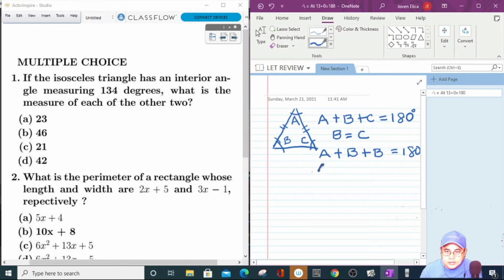Right? So we can rewrite it further: B plus B, this is equal to 2B, so A plus 2B is equal to 180 degrees.